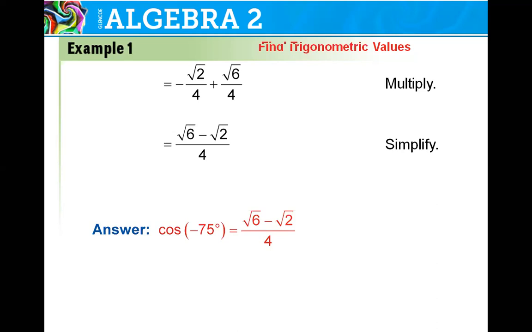With cosine it will be positive, with sine it will be negative, because in the fourth quad cosine is positive. You can check, Hussein, and you will get the same answer.